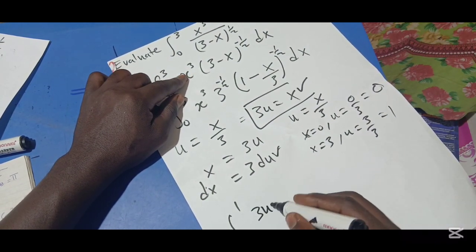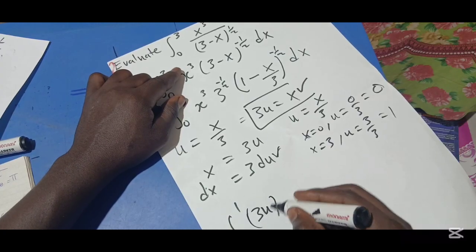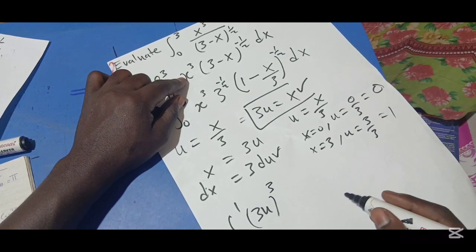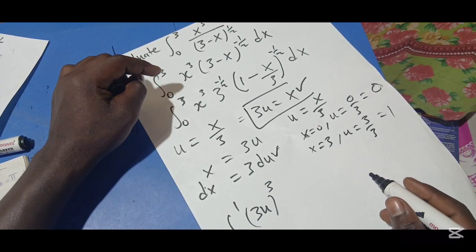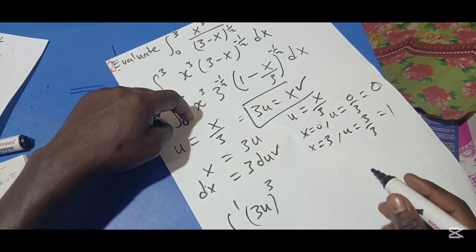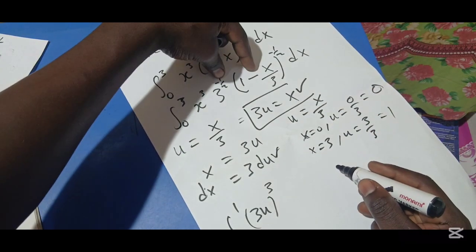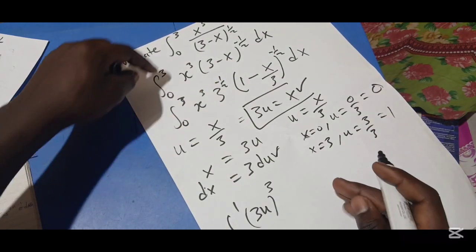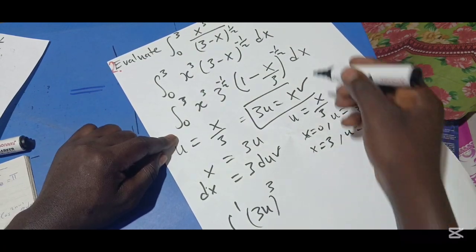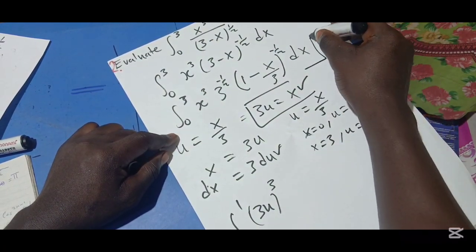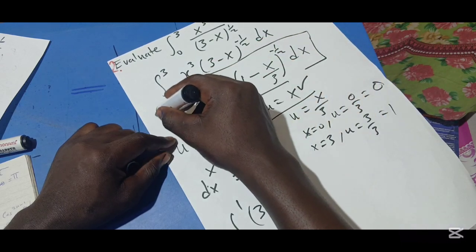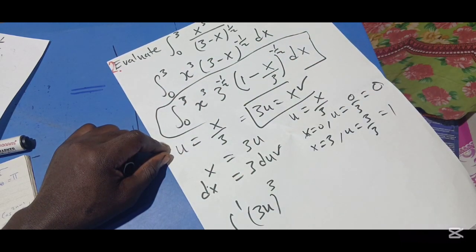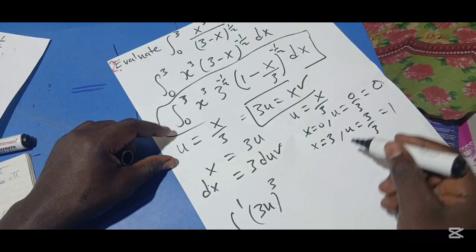So 3u, but to the power 3, all to the power 3. Mind you, we are using our last expression. This is how we express the problem, how we break the problem.